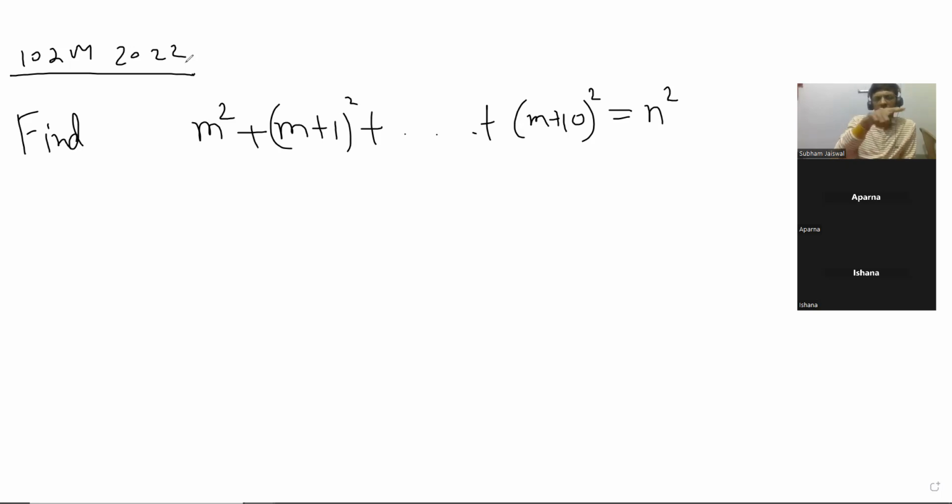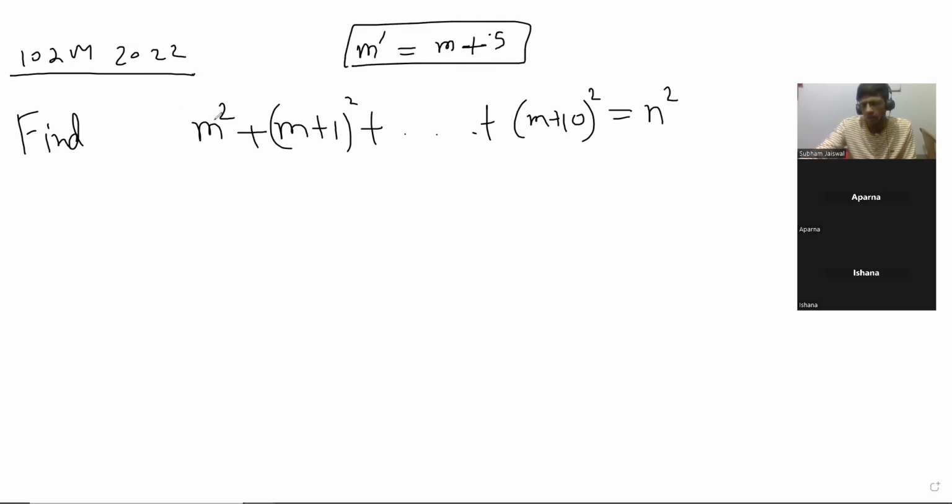There are 11 numbers, so you can assume that it doesn't start from m, but it starts from m minus 5 and goes till m plus 5. That is fine, right? It's not a wrong assumption. So you take m prime equal to m plus 5, and then you can do the problem. It will be easier; the calculations will become easier. But let's see if we can just do it like this.